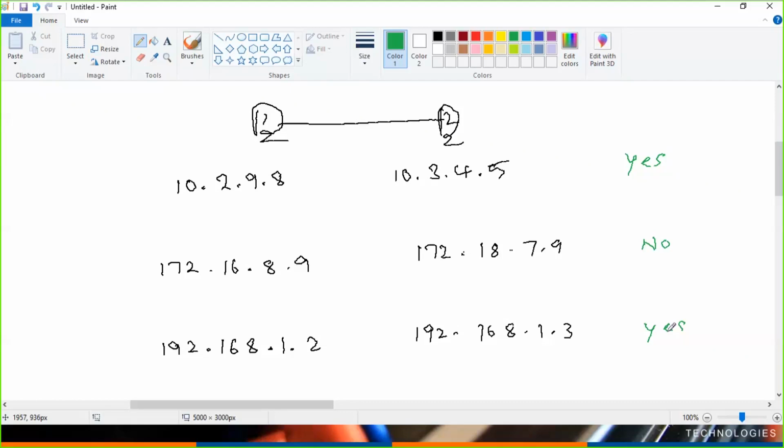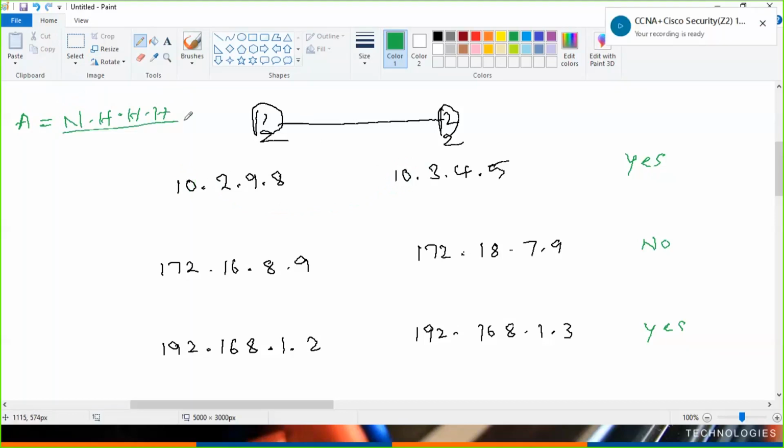It's class A, correct? As a user, you know the class A range and the class A octet format: the first octet is network, then host, host, host. So one octet is the network portion, and you compare the first octet here, and both are the same. This logic you know as a user.